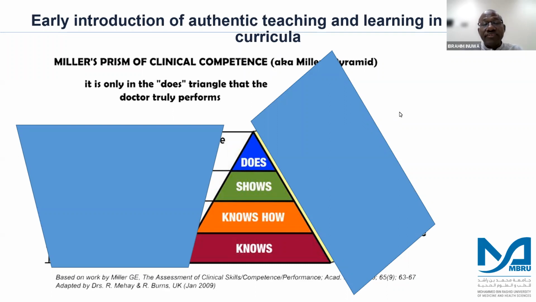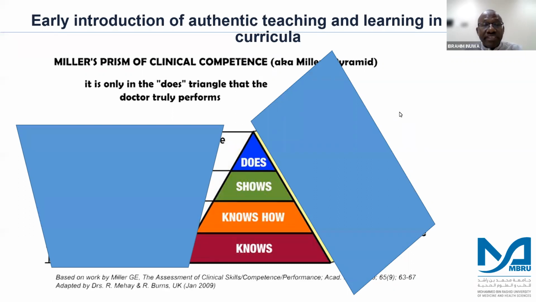So for us as basic scientists, the basic thing that we do is to empower our interns with knowledge. So one of the things that we therefore need to do is to empower them with that knowledge, to make sure that we facilitate their learning, and then we check if they have got that knowledge. In basic sciences, sometimes we try to empower our learners in having to do things.